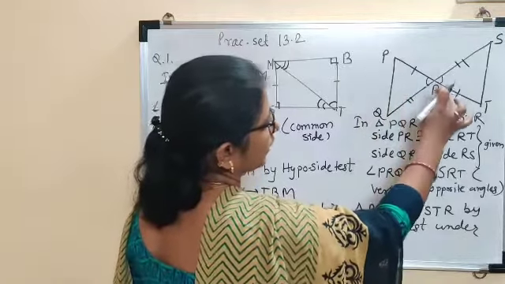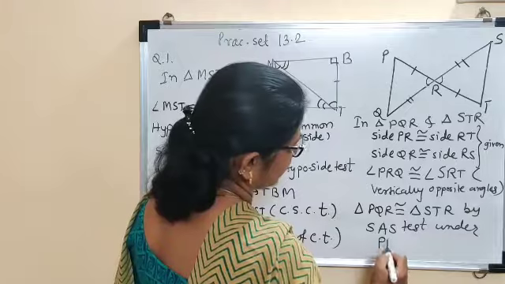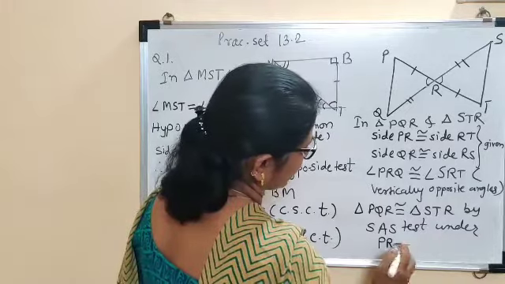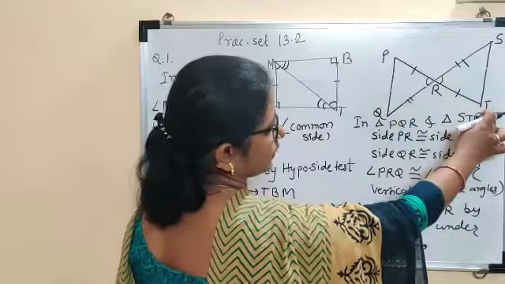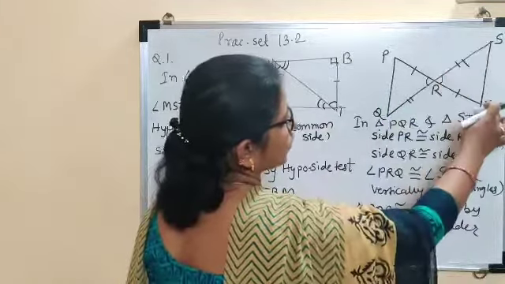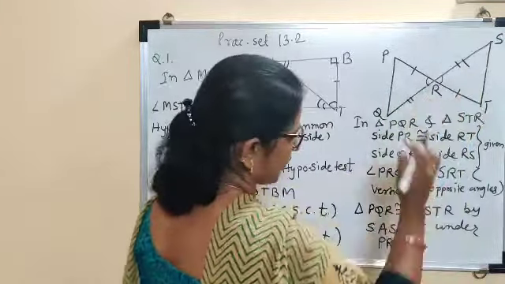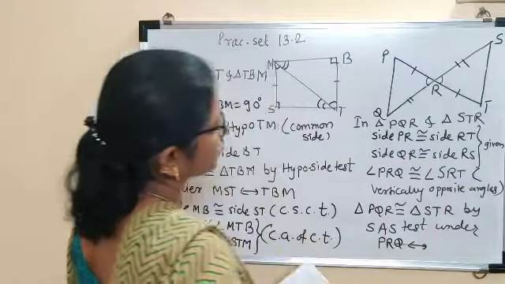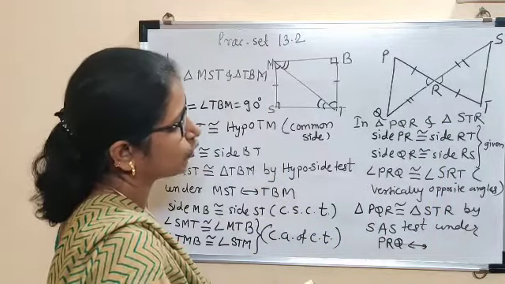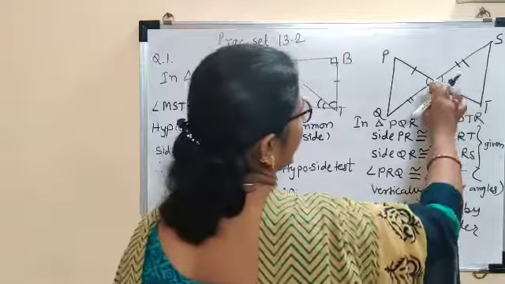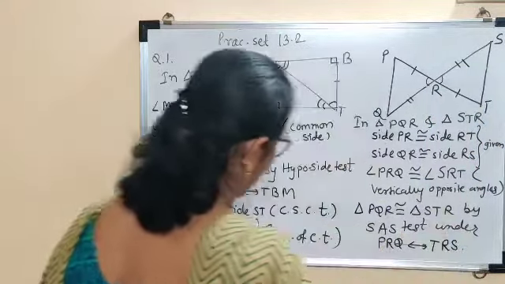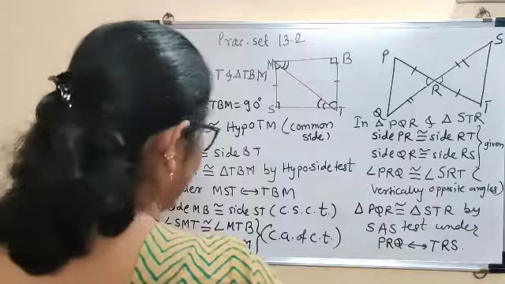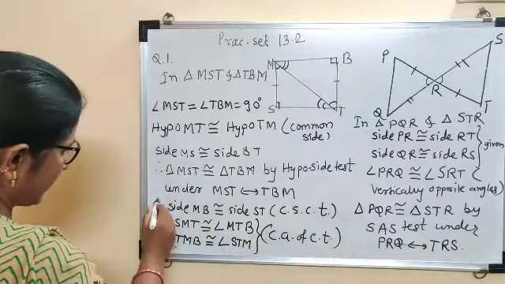So PRQ corresponds to TRS: P corresponds to T, Q to S. Now again the remaining things are left.